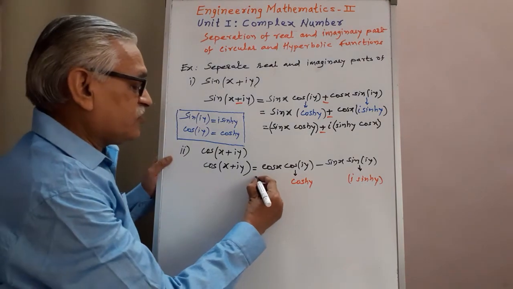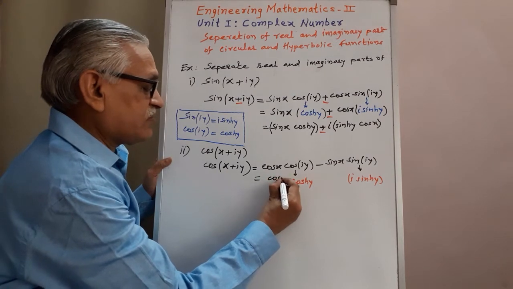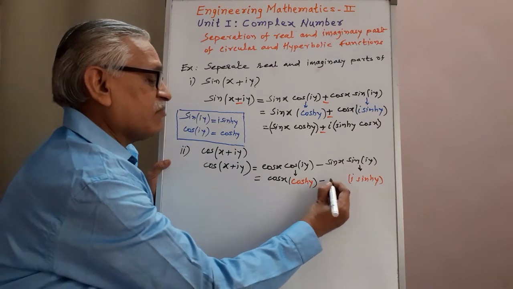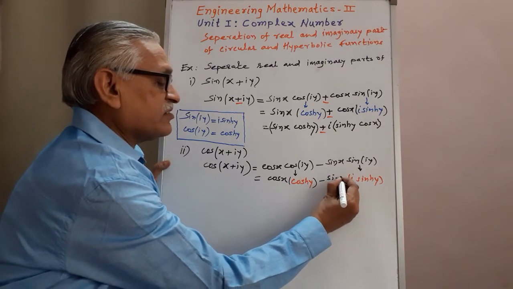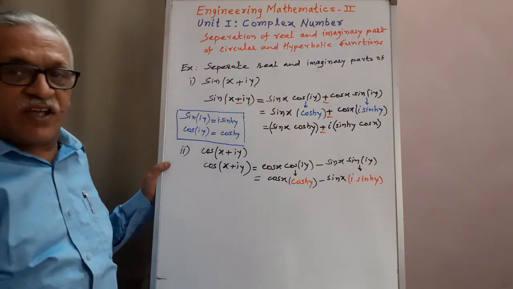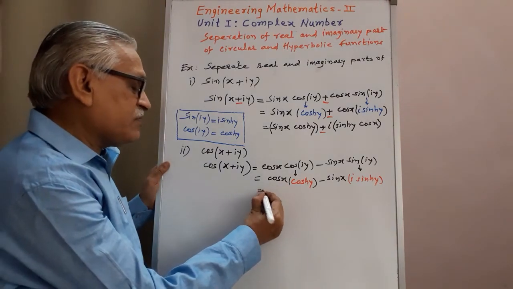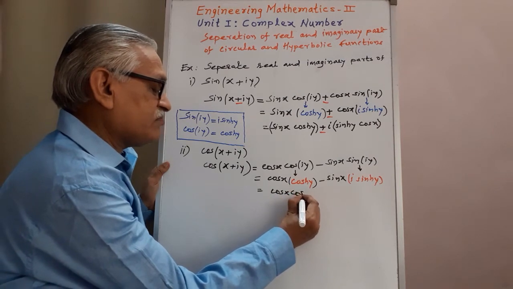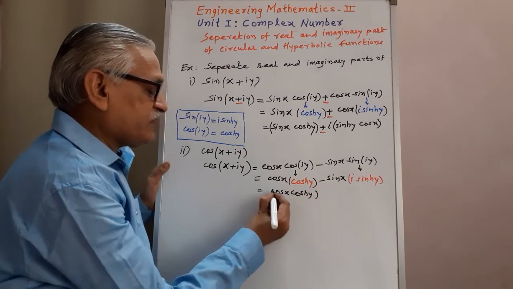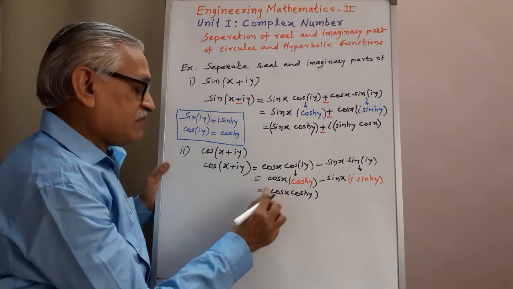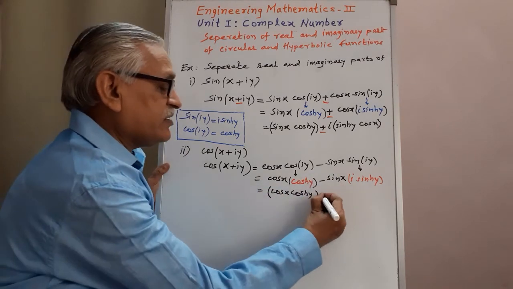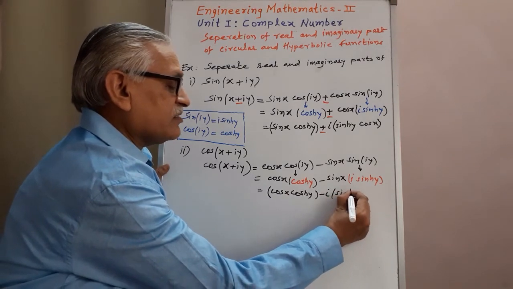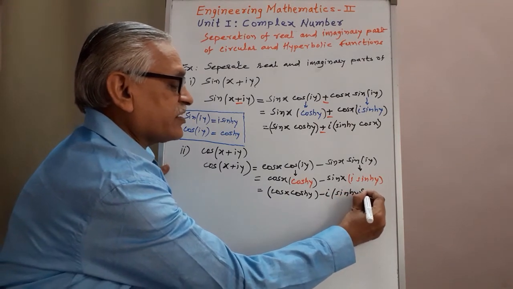And therefore it is cos x into cosh y minus sin x into i sinh y. The first term, cos x cosh y, is a real term, without i, and minus i times sinh y into sin x.